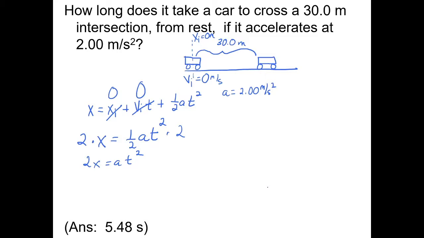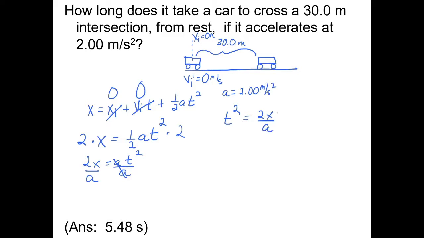All right, we're starting to get t by itself. At least we got rid of the fractions. Now let's divide both sides by a. Let's see. So the a will cancel over here. T squared is 2x over a.